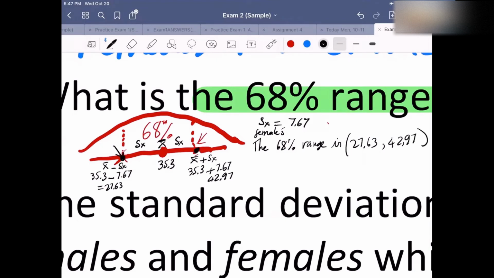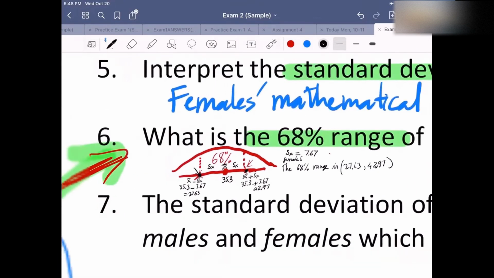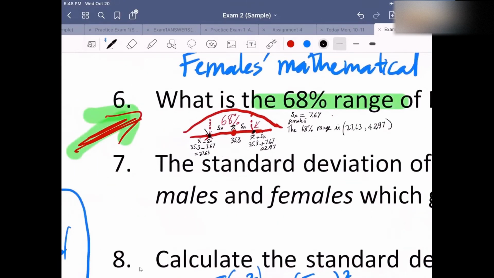So 68% of the females got 27.63 points to 42.97 points, okay? So that is the 68% range, okay? All right, and make sure that on the exam you know how to do this. Any questions?